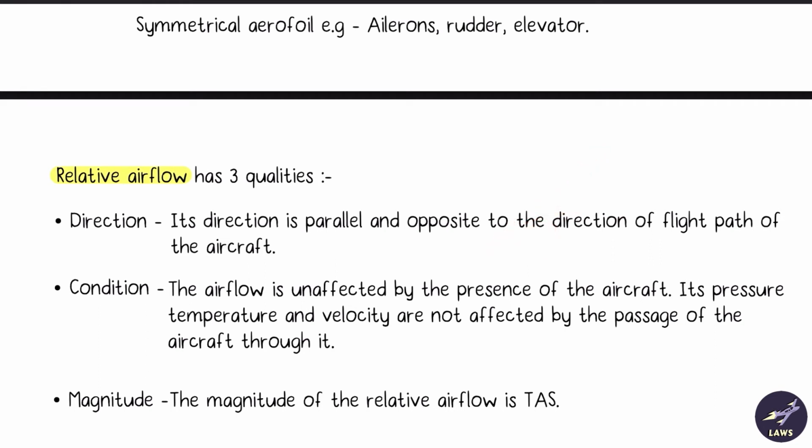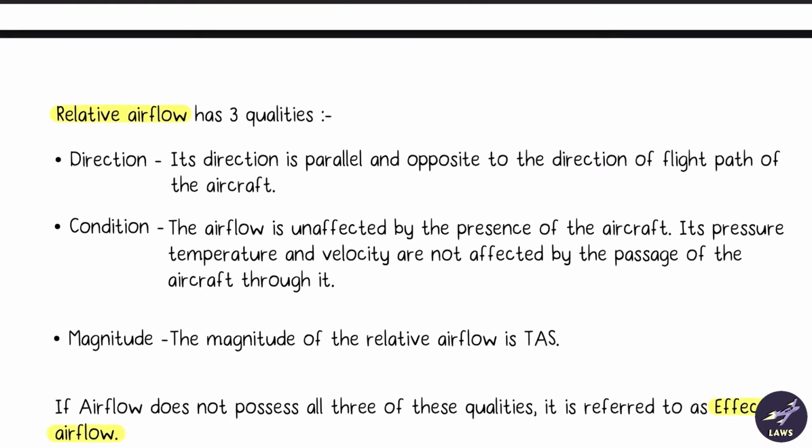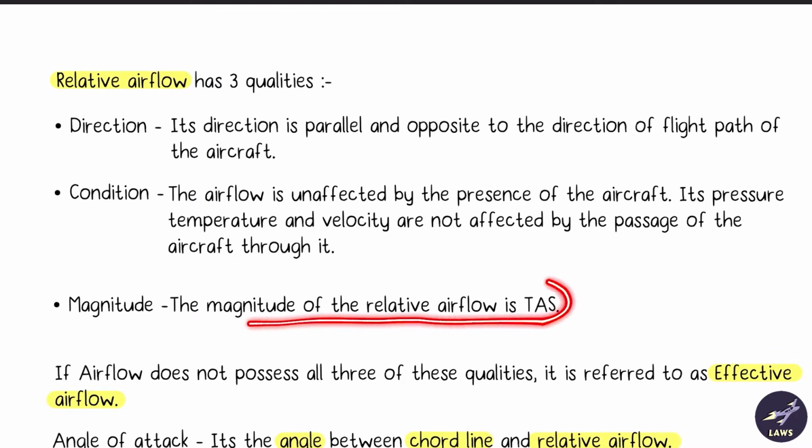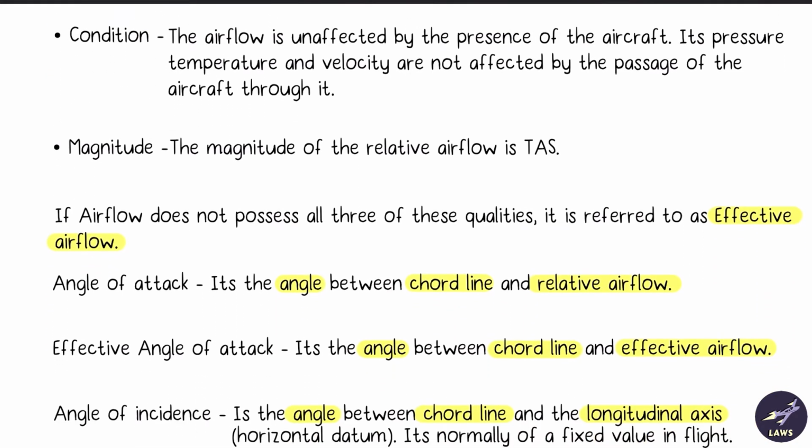So it is always parallel and opposite to the direction of the flight path. It is unaffected by the presence of the aircraft, and the magnitude of the relative airflow is the true airspeed. If the airflow does not possess all three of these qualities, we refer to it as effective airflow.